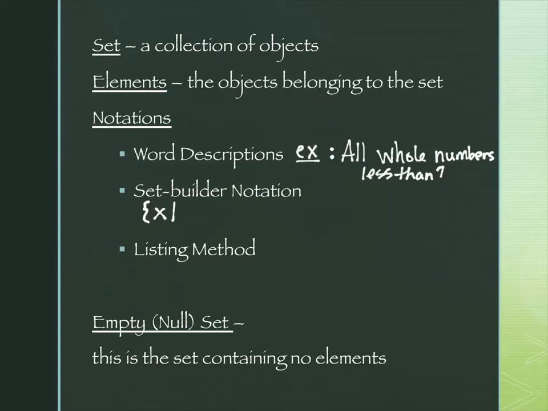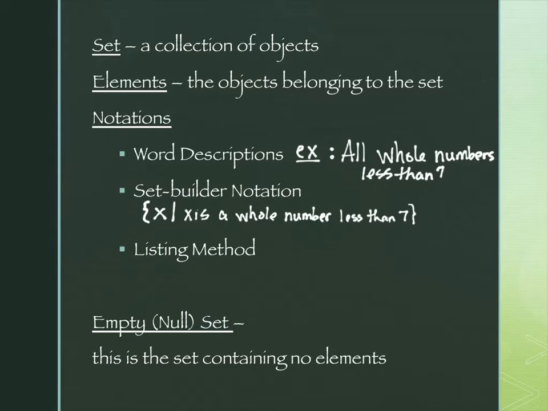One option is that it writes out what we just wrote out in words: x is a whole number less than 7. So this meets the criterion of being set builder notation.